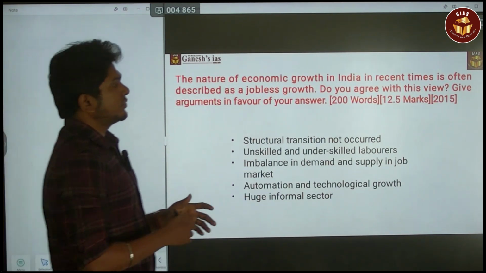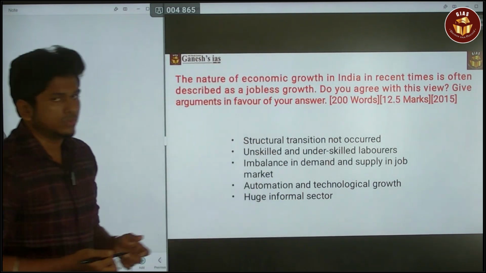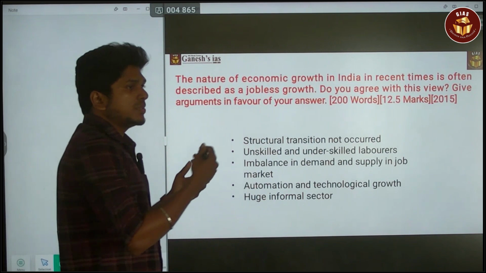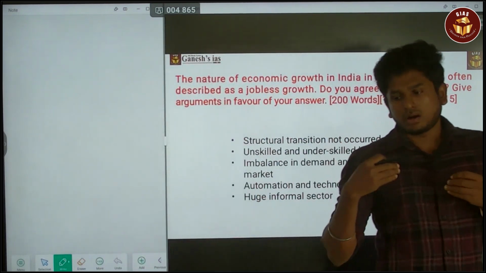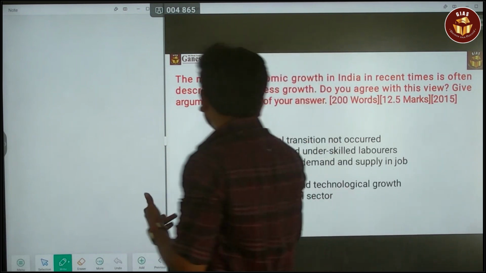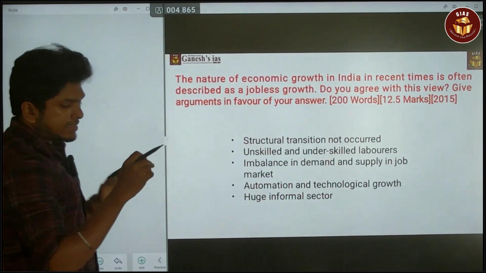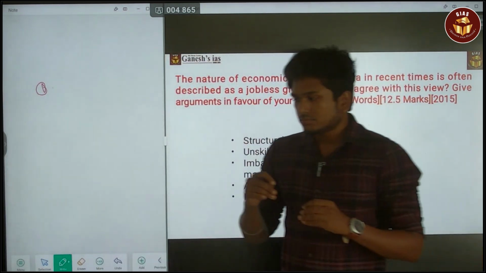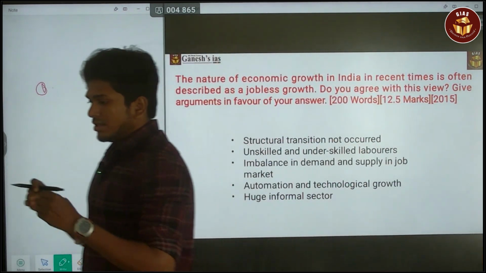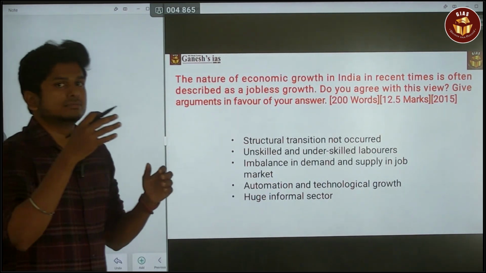Next is the body part of the answer. So the question is, do you agree with this view? You can say that as per the data, I am agreeing with this statement, and give the arguments in favor of this. The first point is that structural transition has not occurred. This means you have to say that there is huge unemployment and at the same time there is a growth rate.